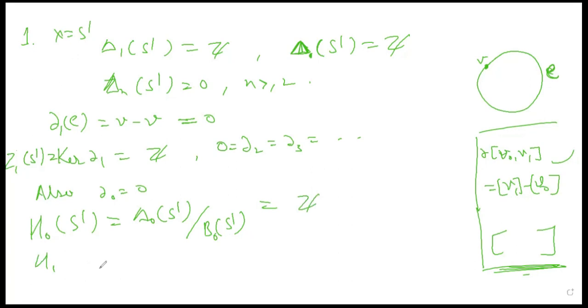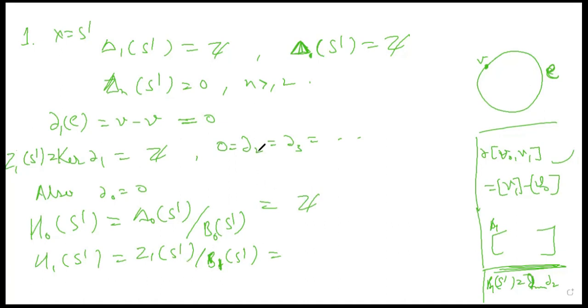H1 S1 is Z1 S1 quotiented by B1 S1. B1 S1 is the image of this map.